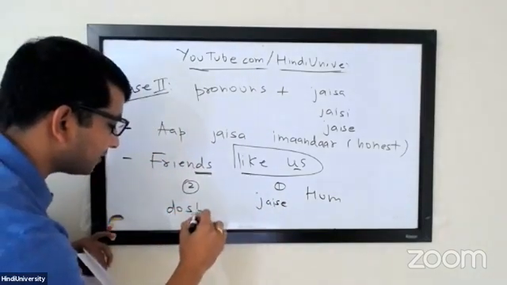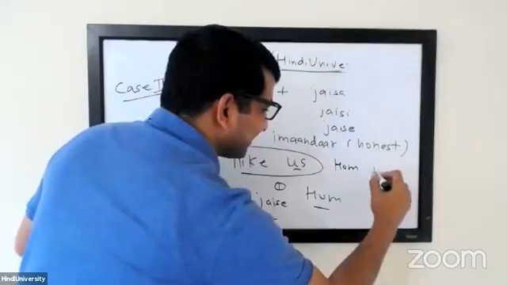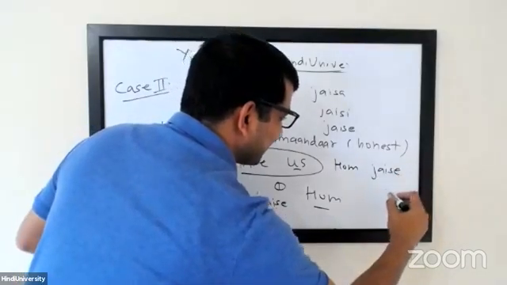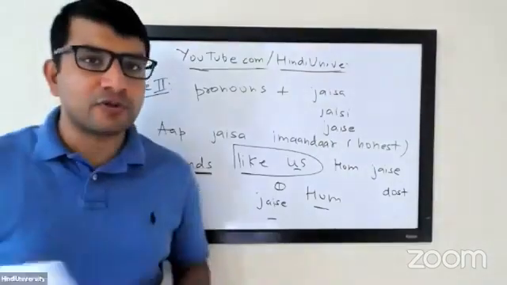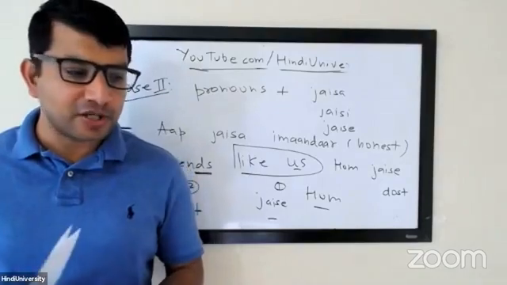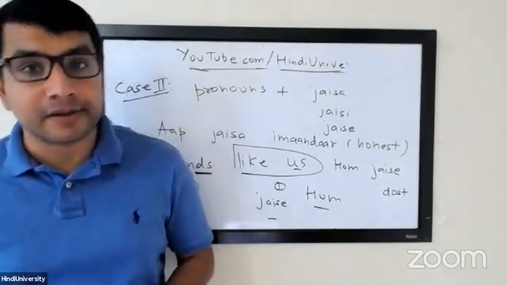Dost jaise hum. Hum jaise dost. Like us kinds of friends. I know why it is difficult, because we don't have the full sentence. Let's say you want to say friends like us are rare. How do you say that? Hum jaise dost.